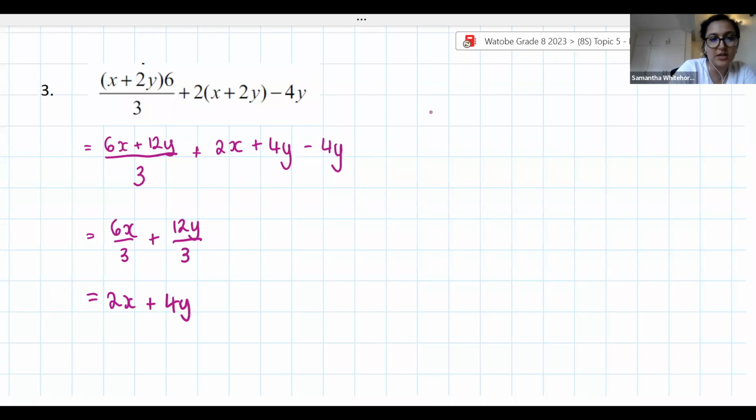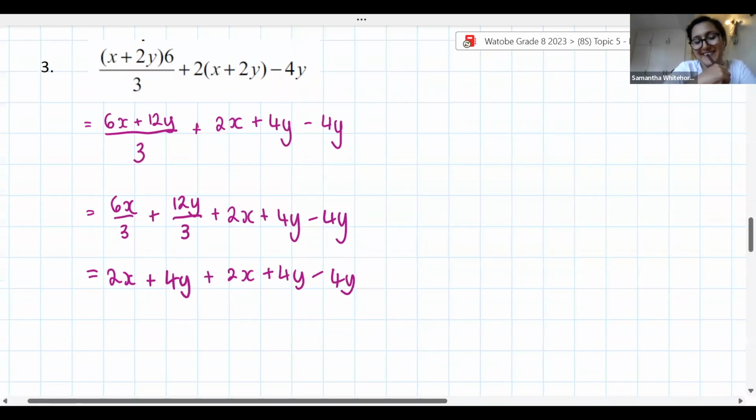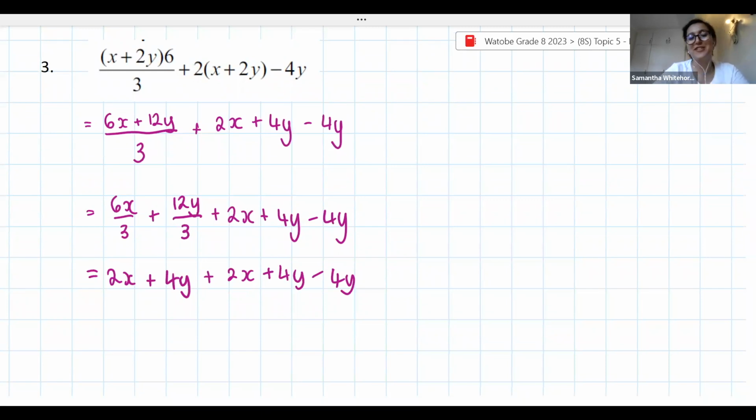Good, well done. So guys, just quickly remember that when we've got a fraction, we can separate our fraction, and that allows us to simplify. So you've done 6x divided by 3 is 2x, and 12y divided by 3 is 4y. So we need to add our like terms now.